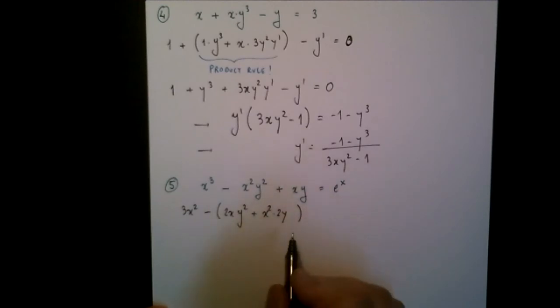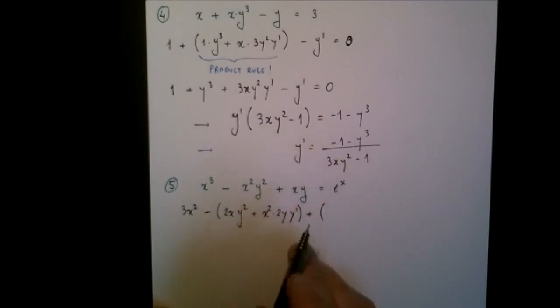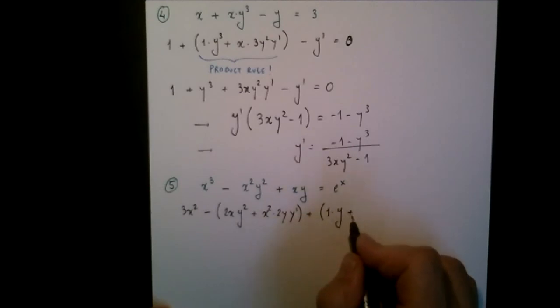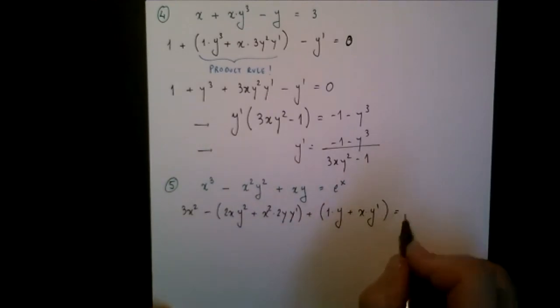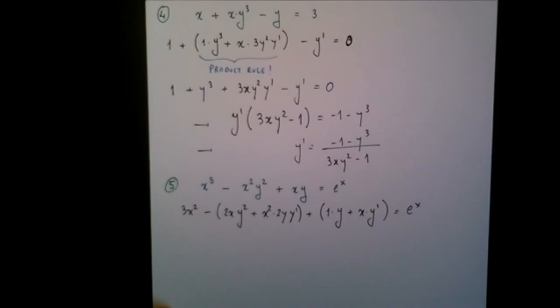Oh, y prime, thank you. Okay, very good. I left a little space; I wanted you to react. Plus, and here I will have again a product rule: 1 times y plus x times y prime equals e to the x, which stays e to the x. We know that.